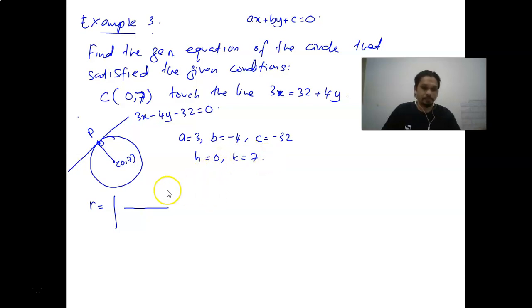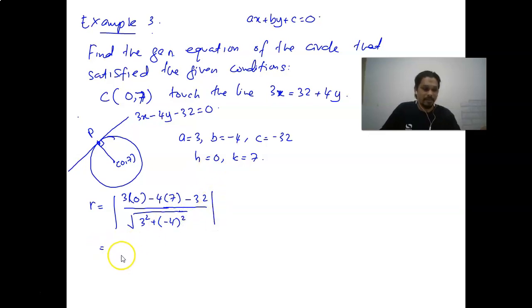So now, A and h, 3 times 0, plus B and k, negative 4 times 7, and minus 32, divided by the square root of A square plus B square, where A equals 3, 3 square plus B equals negative 4 square.